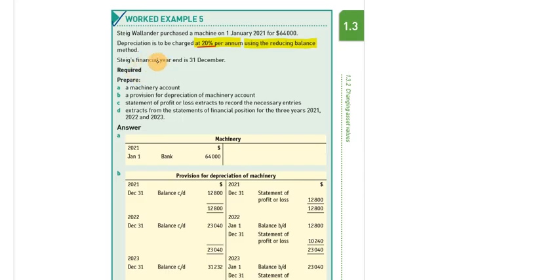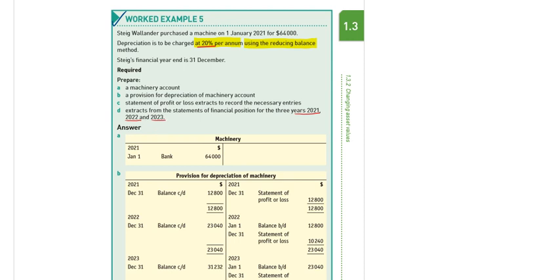As the financial year end is 31st December, we are required to prepare a machine account, provision for depreciation account, statement of profit and loss extracts, and the extract of the statement of financial position for the 3 years, that is year 21, year 22, and year 23.